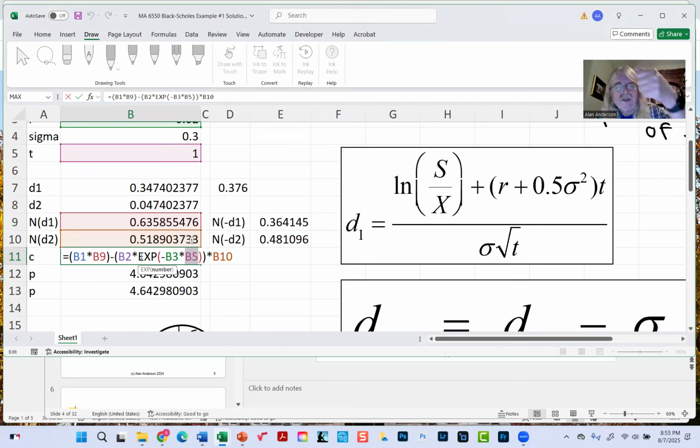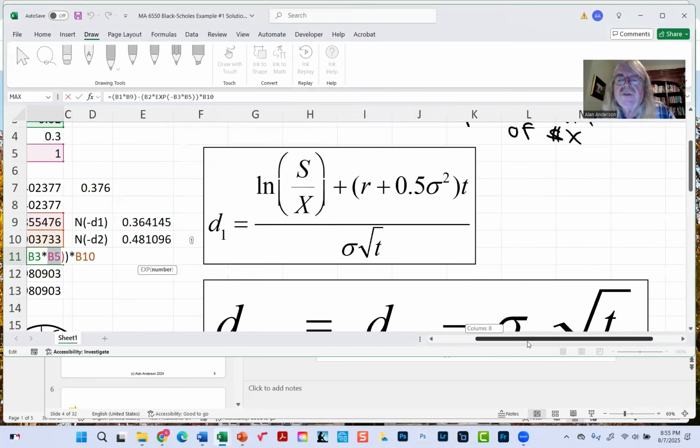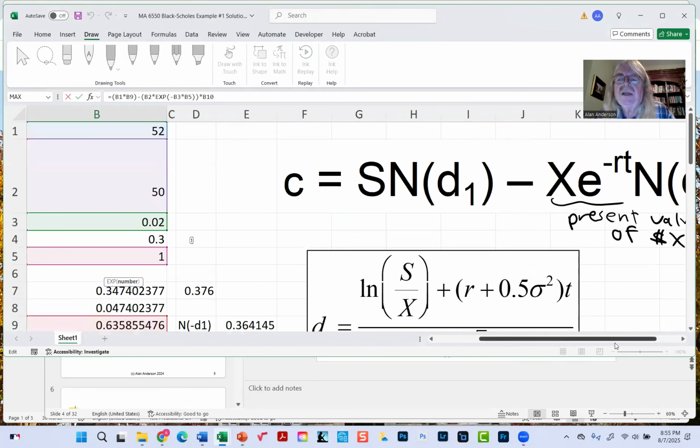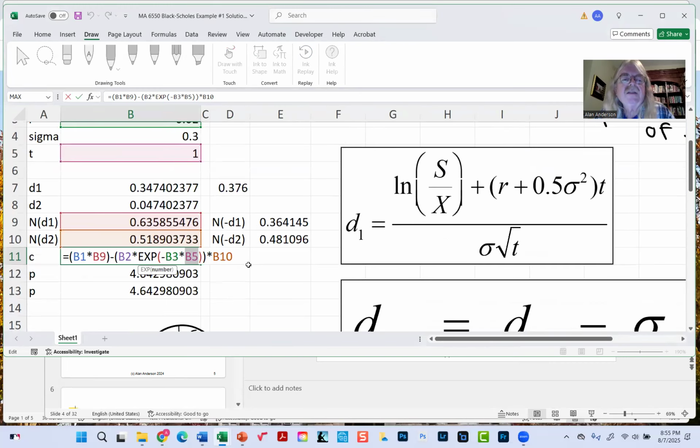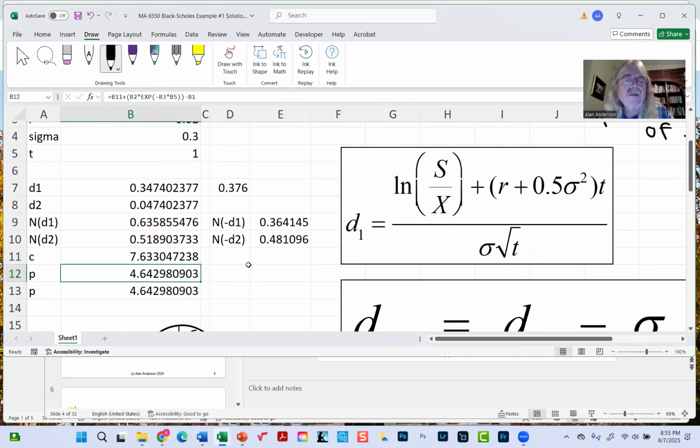And then at the end here, if you notice, that gets multiplied by N(d2). So that's what this B10 is. And that's our call price. So it looks surprisingly simple considering how much math is going on behind the scenes. It is a very complicated derivation, to say the least. But once it's done, the model itself isn't really all that complicated. So that's our call price.